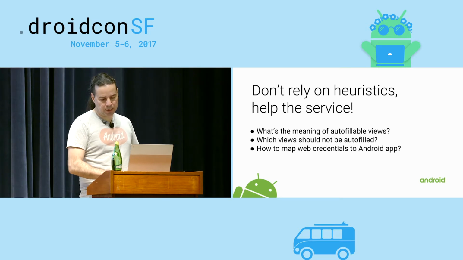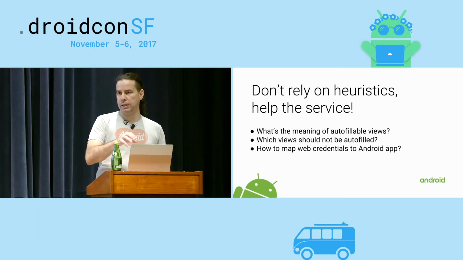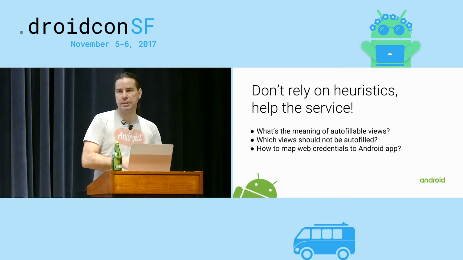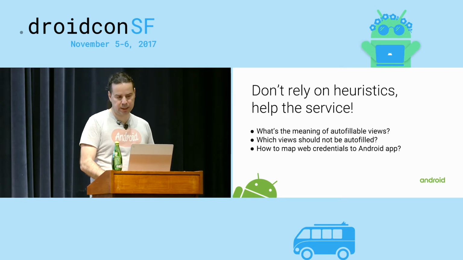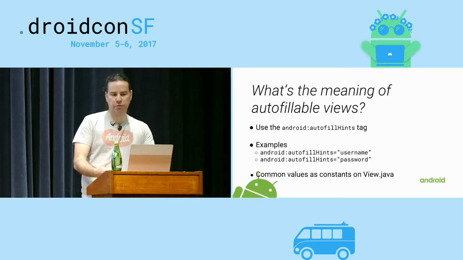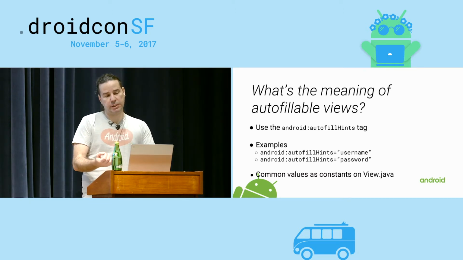So let's take a better look at how we answer these three questions, which hopefully cover most apps, and then we'll see some more advanced cases. For the first question, what's the meaning of autofillable views, you can answer by tagging your layout XML view with the Android autofill hints tag.